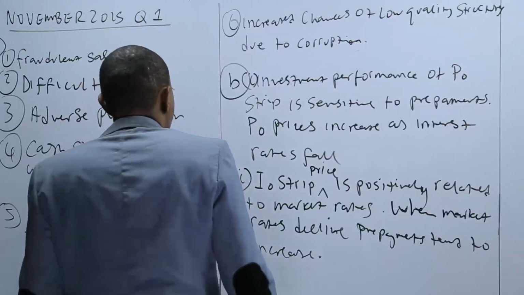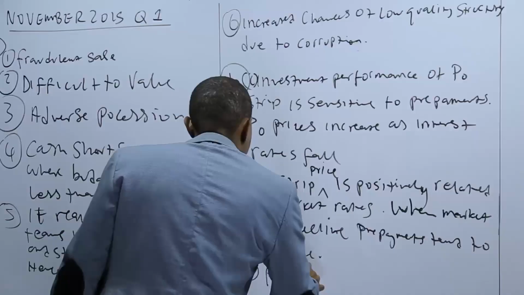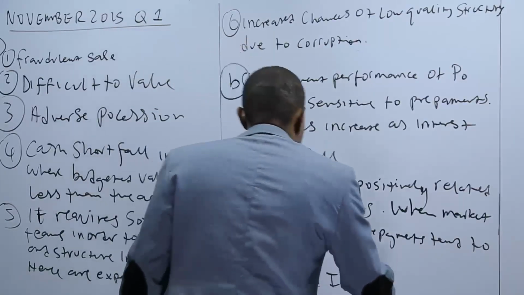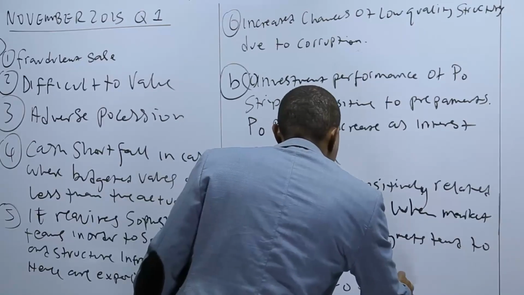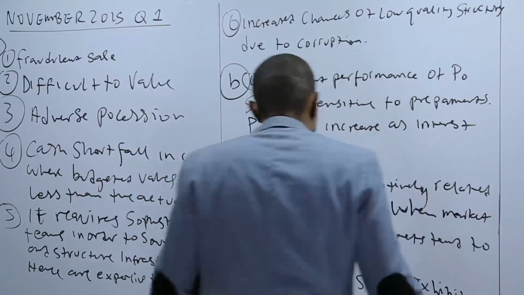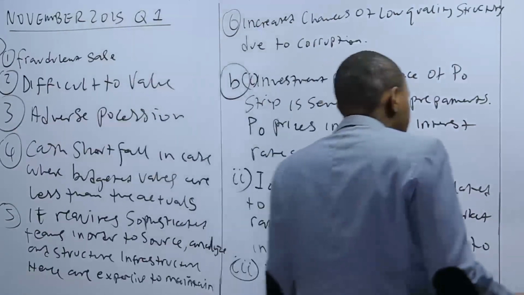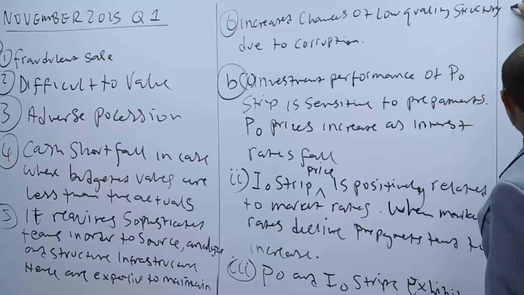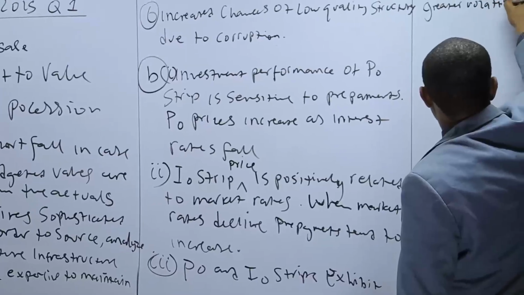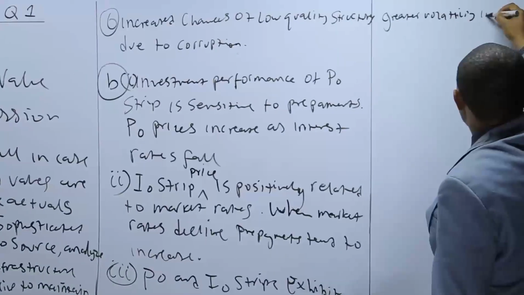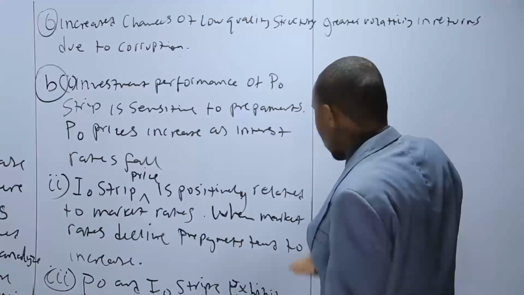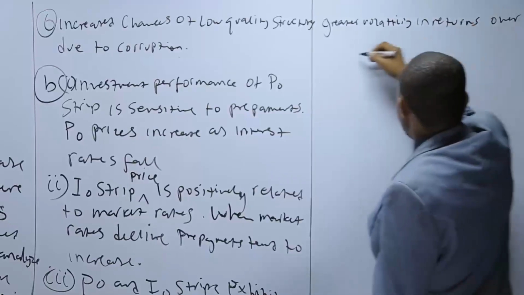Number 3, we are saying that PO and IO strips exhibit greater volatility in returns over the investment horizon.